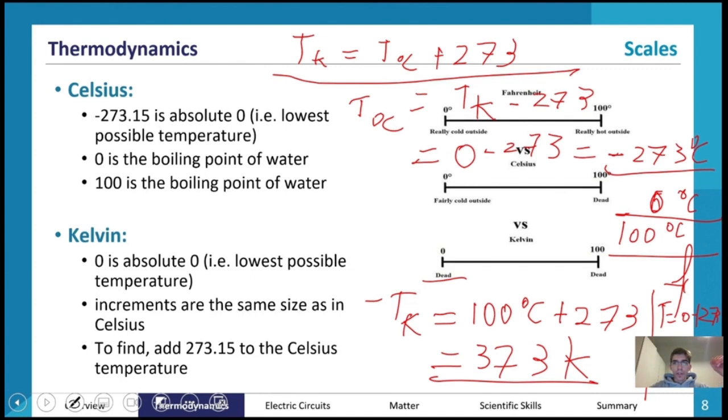In Kelvin, 0 Kelvin is the lowest possible temperature. 273 Kelvin is the freezing point of water, and 373 Kelvin is the boiling point of water. I hope this puts everything into perspective.